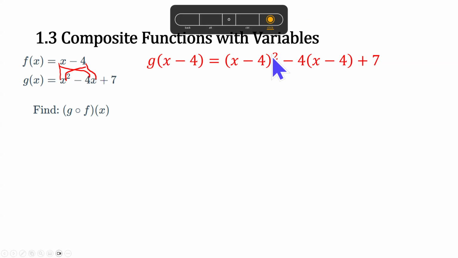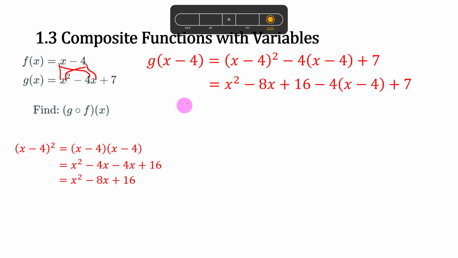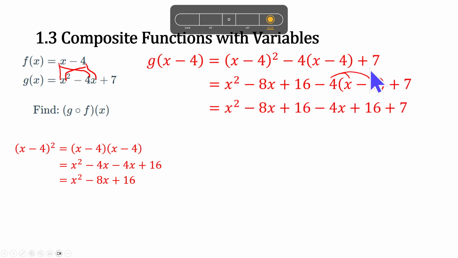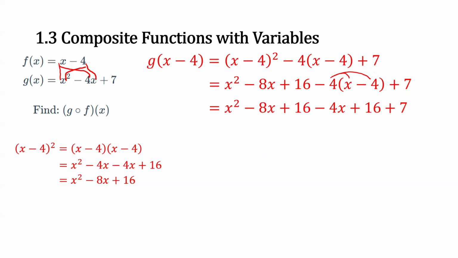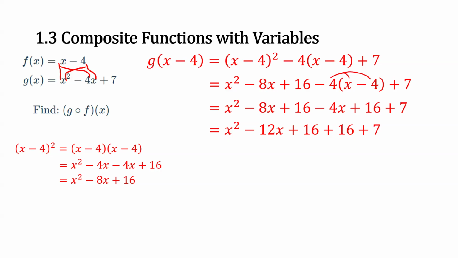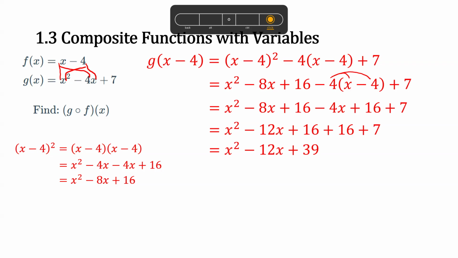So you do (x minus 4) squared, which is going to come out to x squared minus 8x plus 16. I got rid of the parentheses because I've got nothing to distribute. But I do need to do this one again. Watch your negatives. Combine like terms. Negative 8x minus 4x. Now you can do 16 plus 16 plus 7 and get 39.